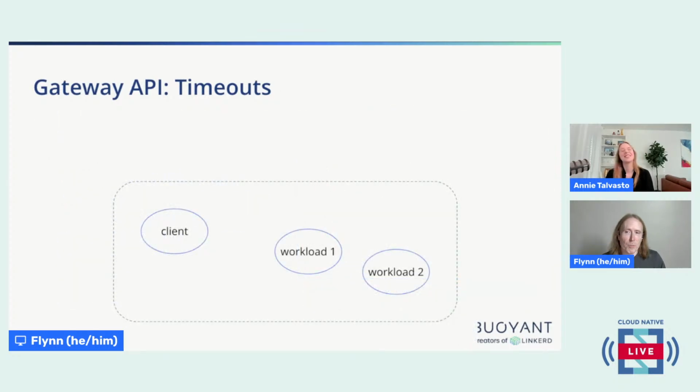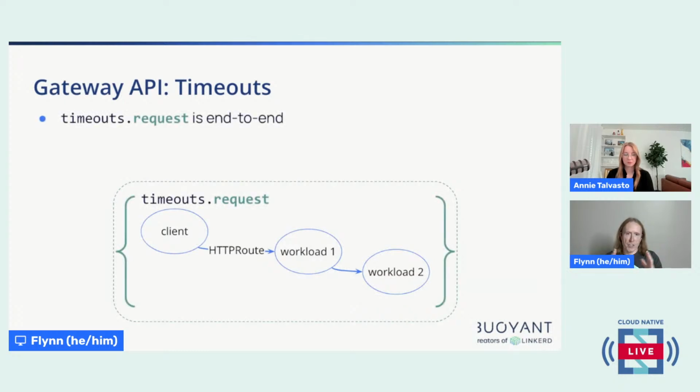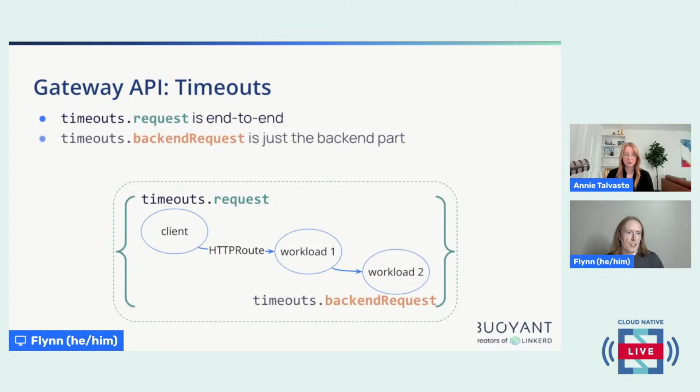Okay, to explain a little bit more about what the two different things are, if we have this scenario where our client is talking to workload 1 and then workload 1 has to talk to workload 2, then timeouts.request covers the entire thing from the client all the way through to workload 2, and timeouts.backendRequest only covers the chunk where workload 1 is talking to workload 2, the backend services there.